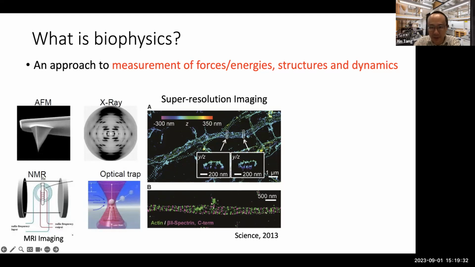This actually uses the light optical microscope. It's different from X-ray, which does not use visible light. Super resolution microscopy uses visible light, but it can go to a much finer resolution in contrast to a normal optical microscope.